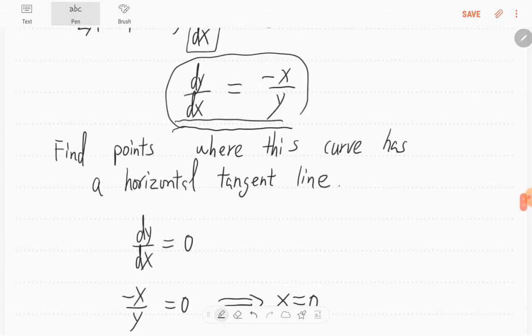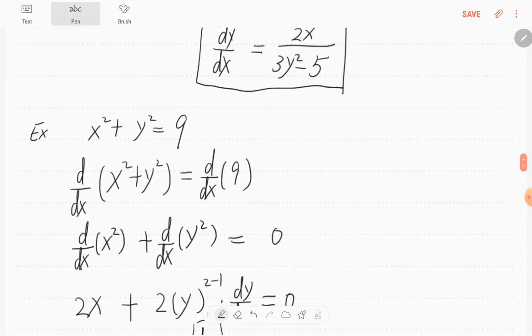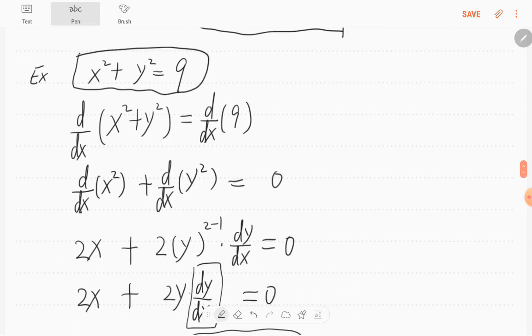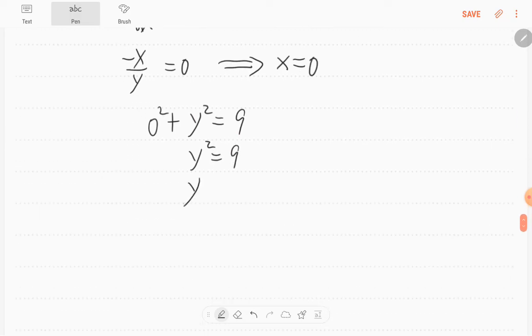Okay, so when x equals 0, we plug into the original equation for this curve. What is y? So you plug in x equals 0, so you have 0 squared plus y squared equals 9. So y squared equals 9, y equals what? Plus or minus 3.